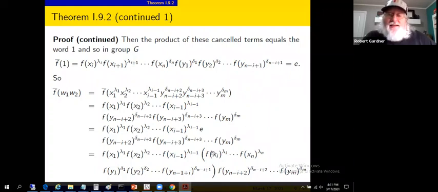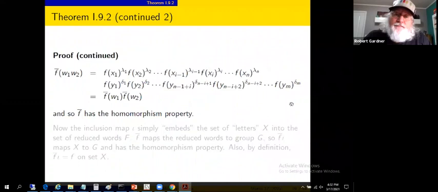So for the identity here, replace it with the missing X's and the missing Y's as spelled out up here in terms of the F's. So that produces this. Notice all the X's are there, X1 through X sub n. All the Y's are there, Y1 through Y sub m. So we're in business.